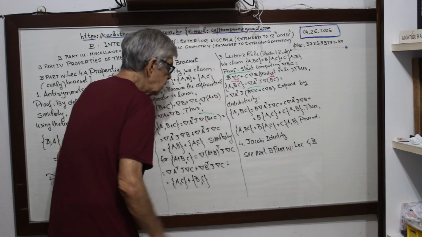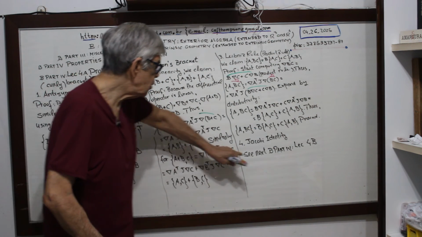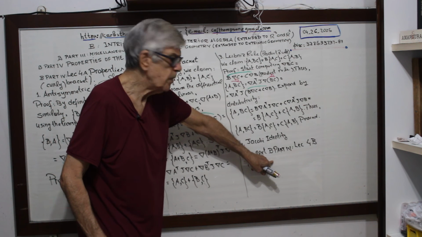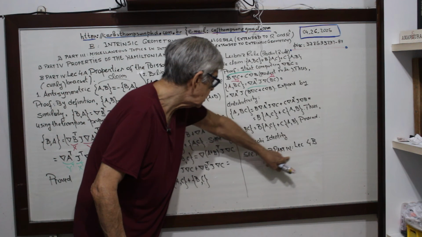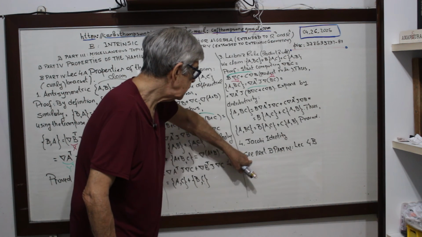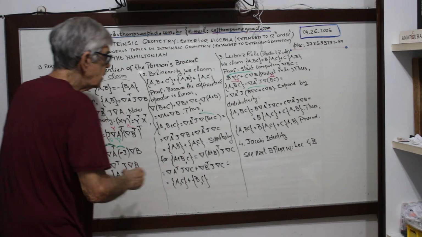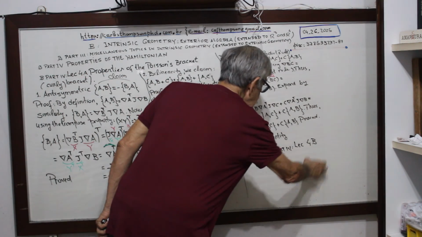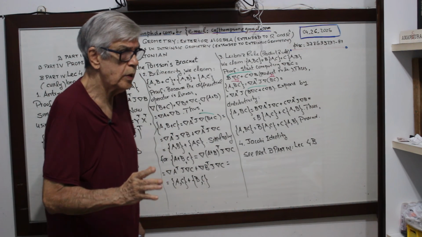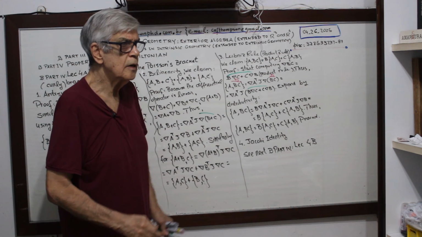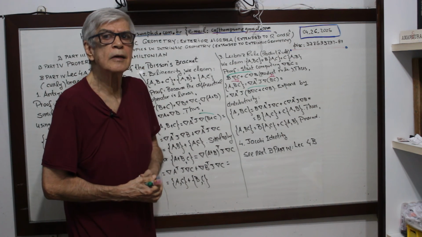It's proved. Now, the fourth property is a little bit long, so I'll show it clearly in the next lecture. This is lecture 4A. In the next lecture, 4B, I will show the Jacobi identity, which we already derived during the derivation of the Lie bracket.